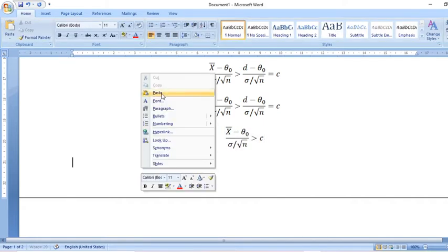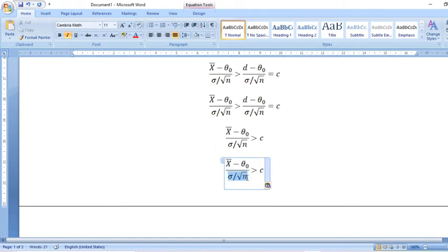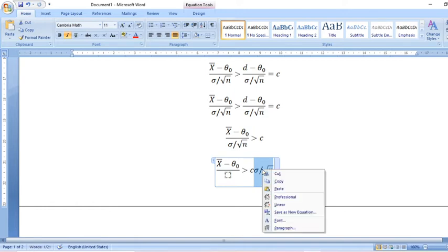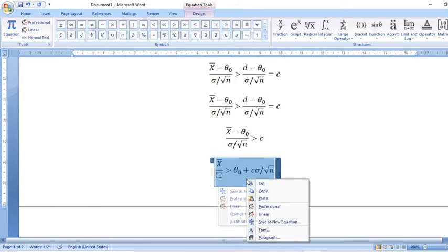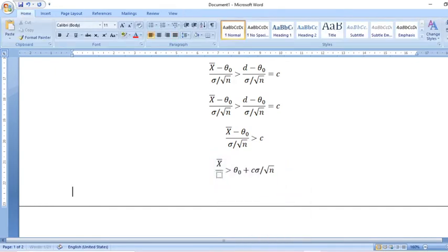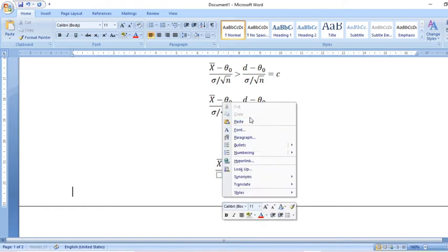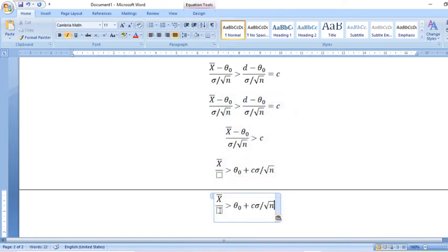Move the denominator to the right side. This will be... Now we can subtract theta on both sides.